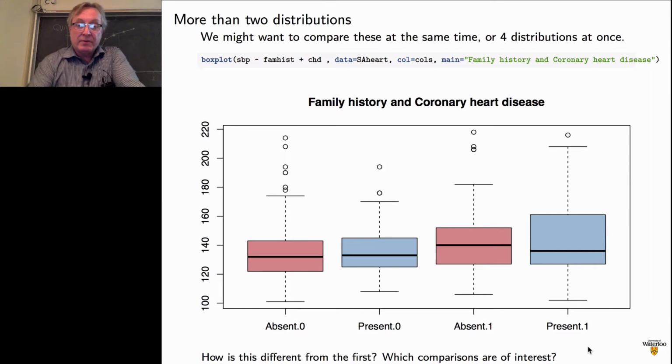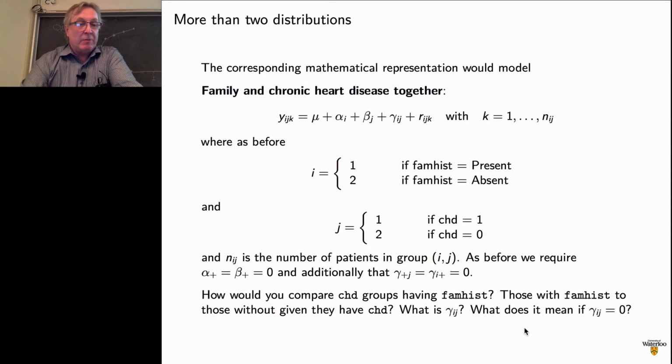This comparison of present 1 and absent 0, it's hard to know what's going on there. They're saying, okay, some of those are maybe of interest, but it's hard to say what's happening. If we were modeling this, we'd be modeling them together.